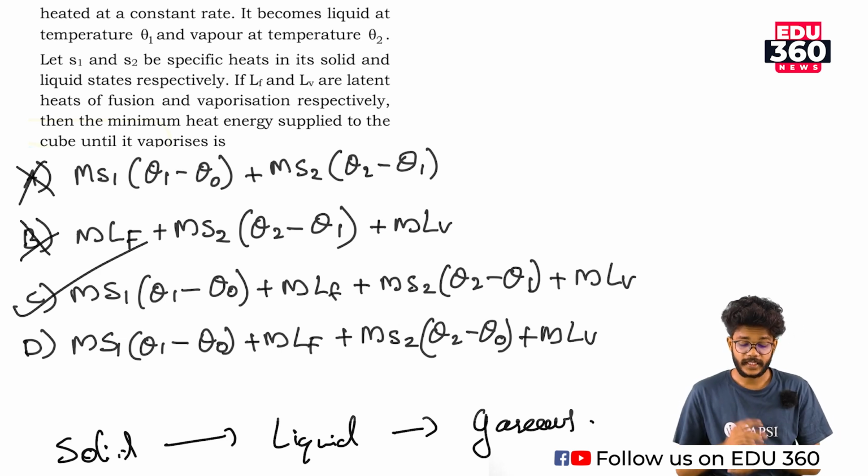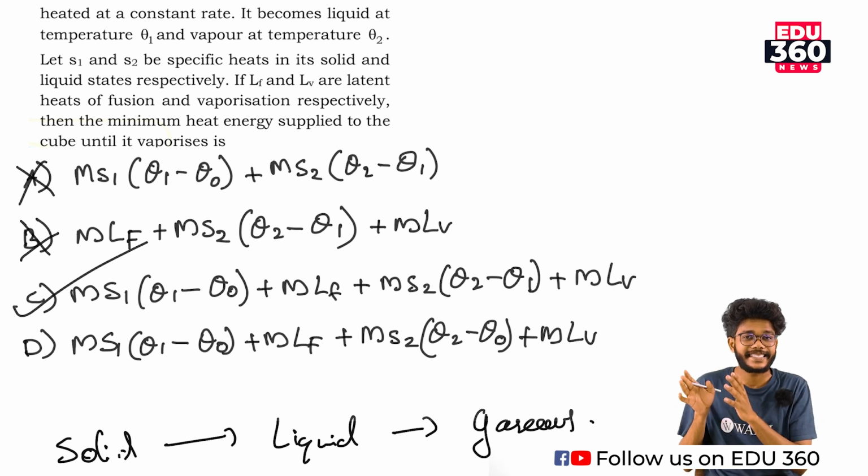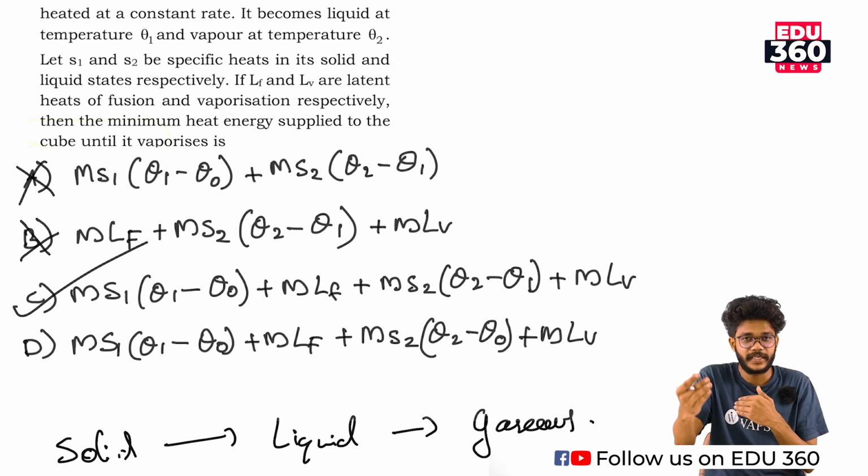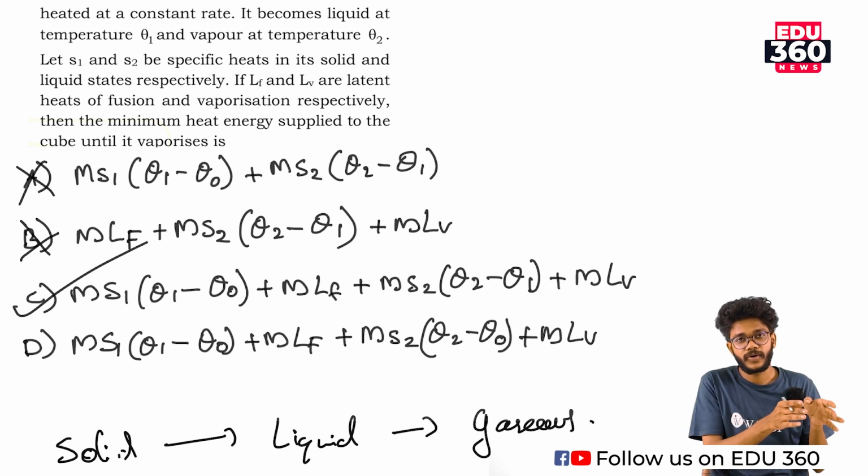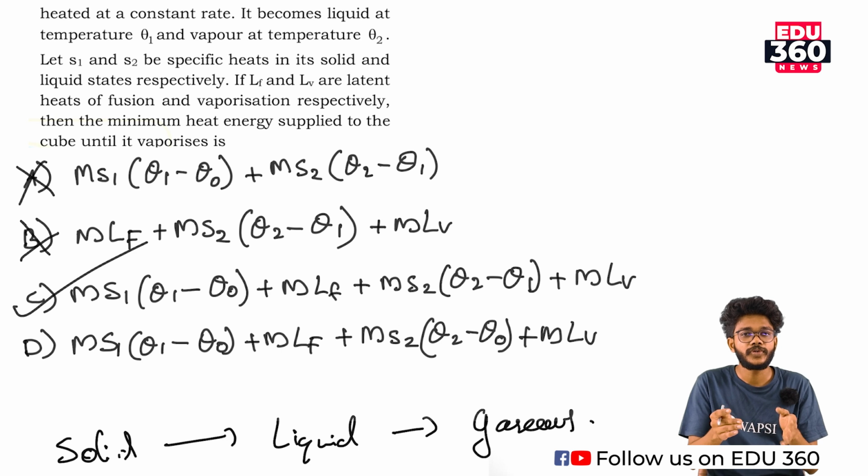So there is a phase change and there is an energy change also. While giving the energy, it will change from one temperature to the other temperature. Also the energy is used for the transition of phase, that means liquid to gaseous, while staying at the same temperature.